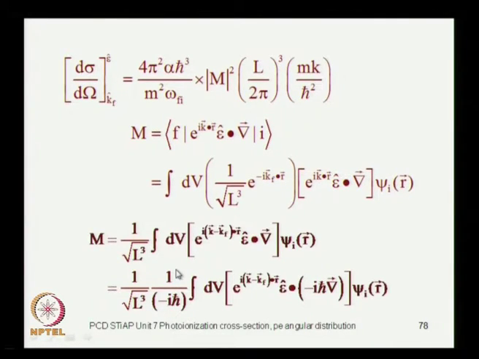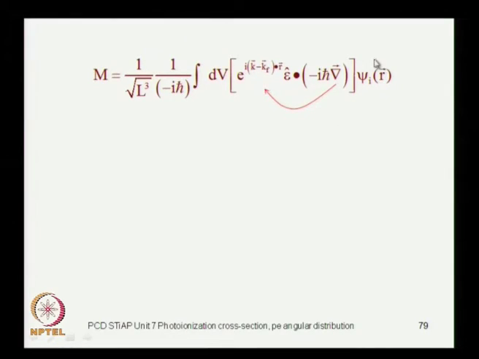So, that in the matrix element you recognize that you really have to get the matrix element of the momentum operator, okay. And now that you have got this gradient operator in the integrand, this is the momentum operator, which is a Hermitian operator. So, you can have it operate on the right or also on the left effectively, right.